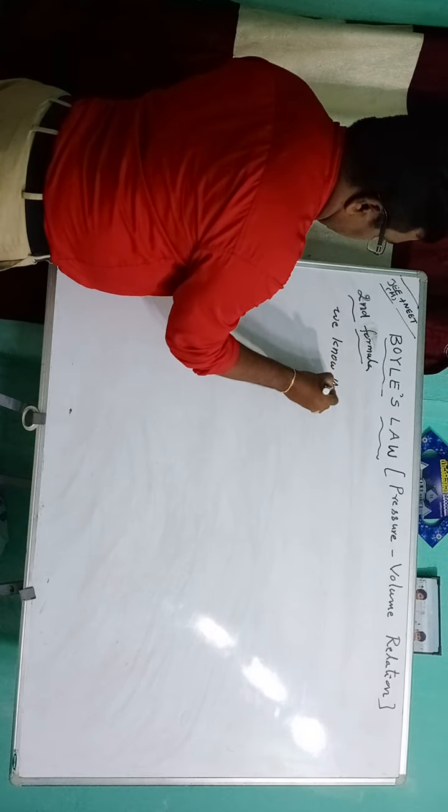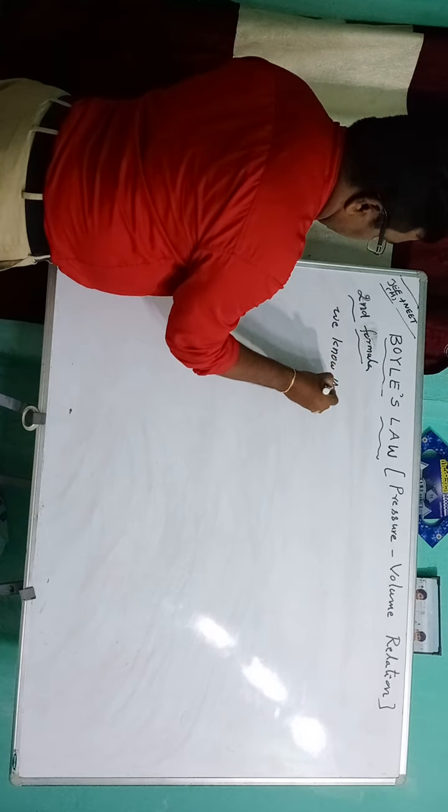Therefore, density is directly proportional to the mass, and density is inversely proportional to the volume. So we can write density proportional to 1 by V, where V is the volume.